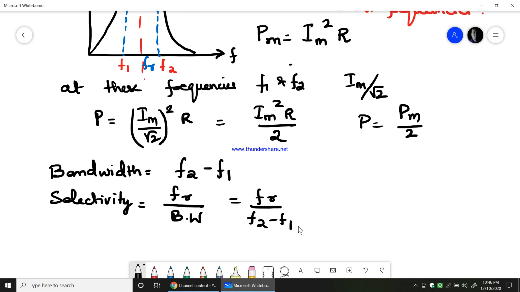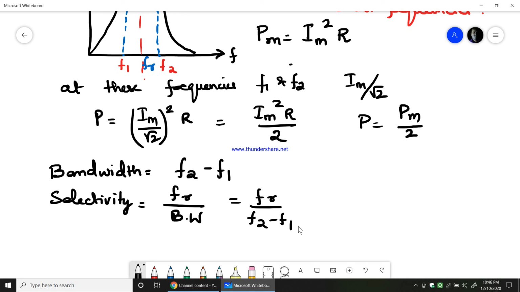F2 minus F1. So this is the bandwidth and the selectivity that we normally consider in any resonant circuit. Not only these two parameters, we also deal with the quality factor, bandwidth, selectivity.